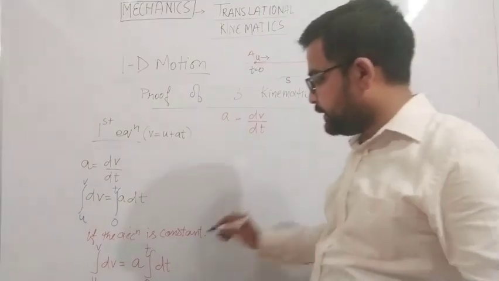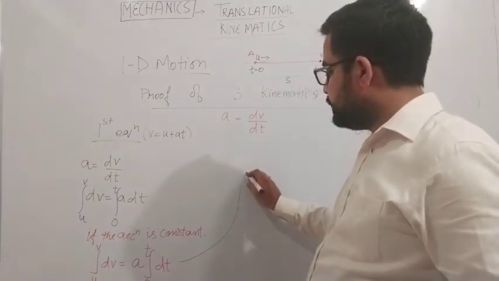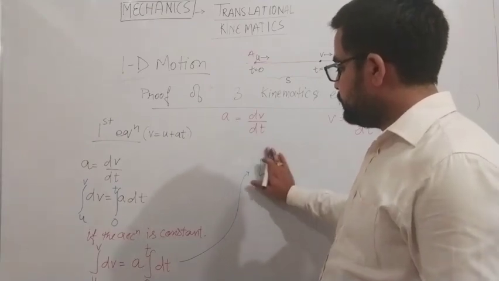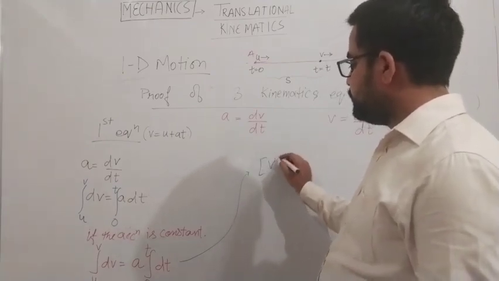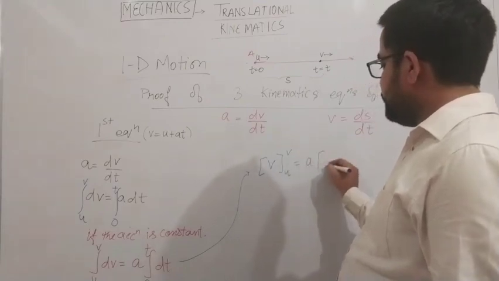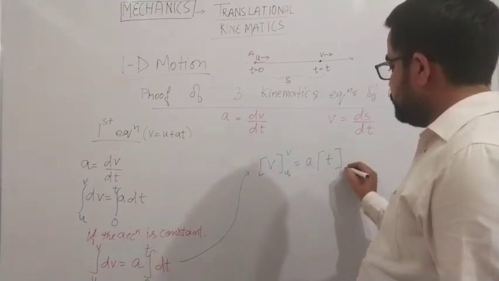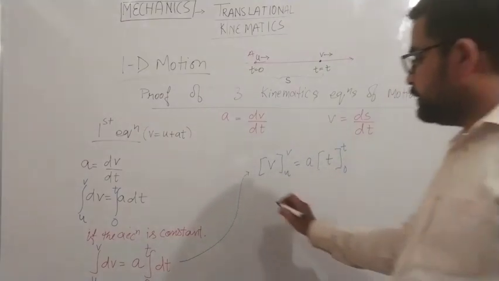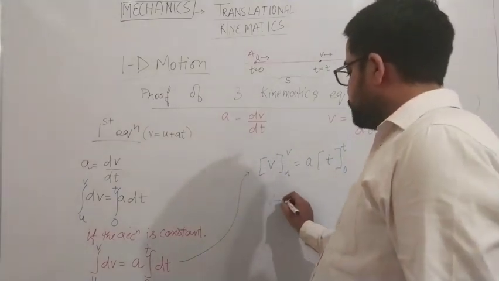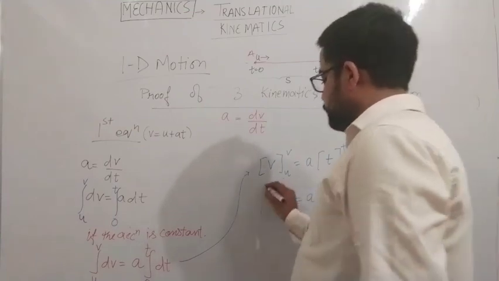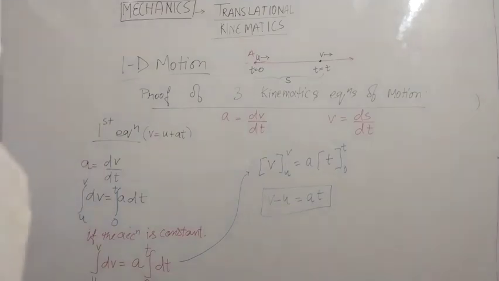Now nothing is left. Once you open it, integration of dv will be v from u to v is equal to A times t from 0 to t. So you will get v minus u is equal to A t. That is your first equation of motion.